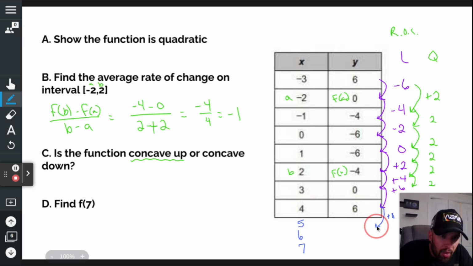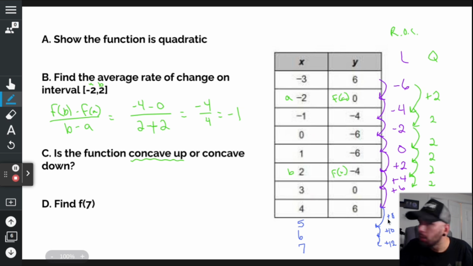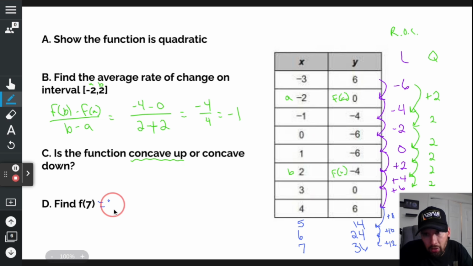And then I'm going to add plus 2, 10. And then plus 2, 12. So 6 plus 8 is 14. 14 plus 10 is 24, and 24 plus 12 is 36. F of 7 is 36.